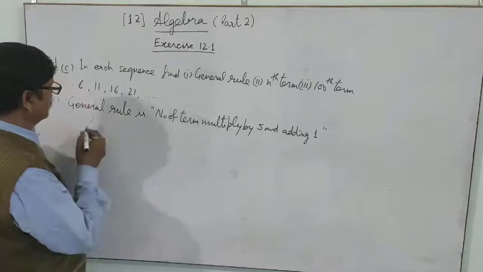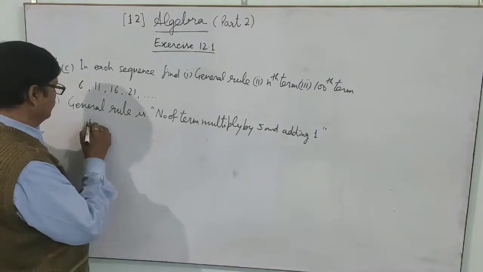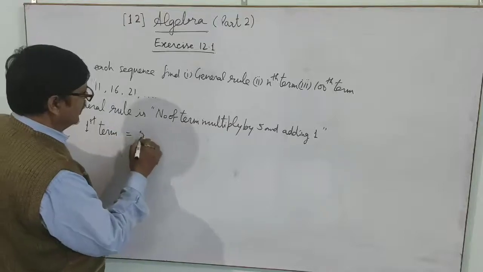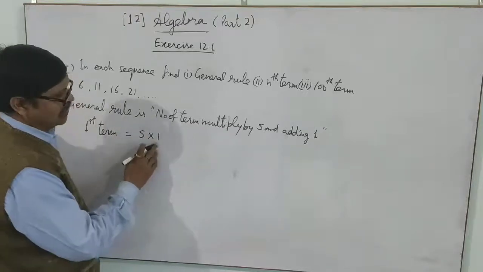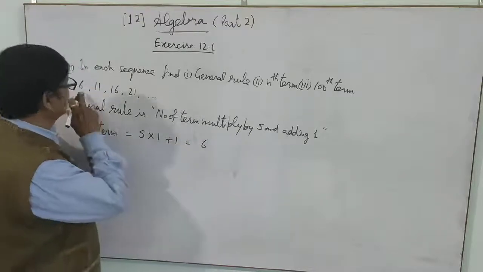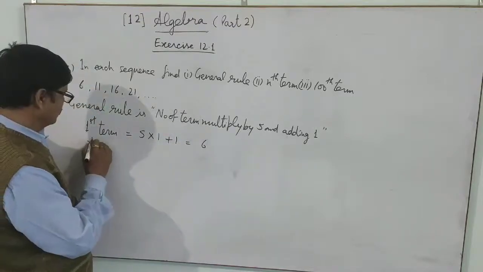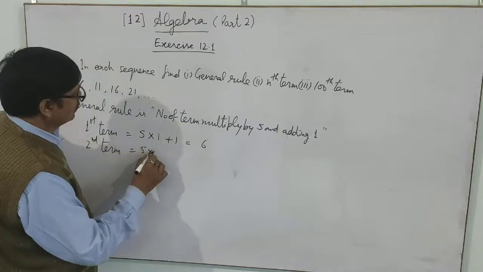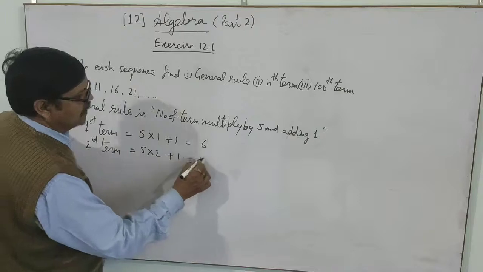So see, the first term is equal to 5 into 1 plus 1, which is 6, which is correct. Second term, 5 into 2 plus 1, 11.